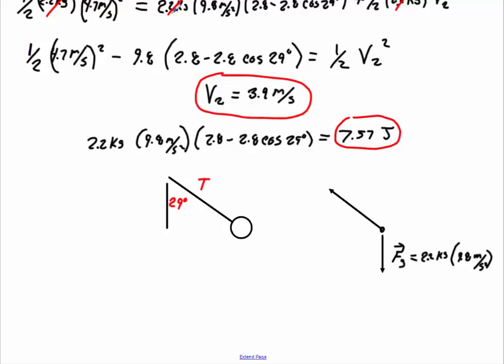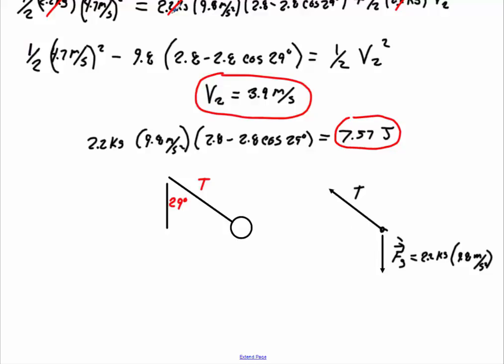This is my tension. Again, we know this is 29 degrees, so if that is 29 degrees coming off the vertical here, then we know that this angle right here has got to also be 29 degrees. That's 29 degrees also. Alright, so now I go back just to prove that.